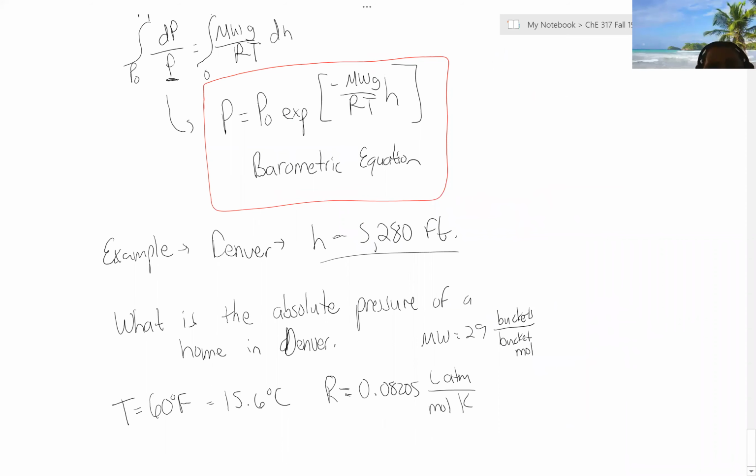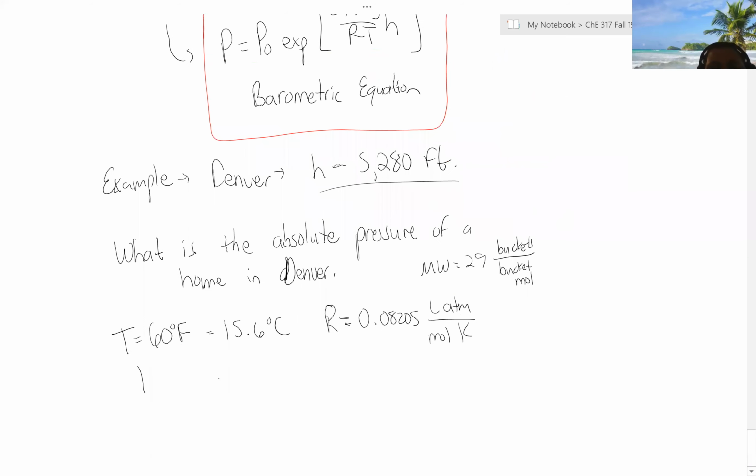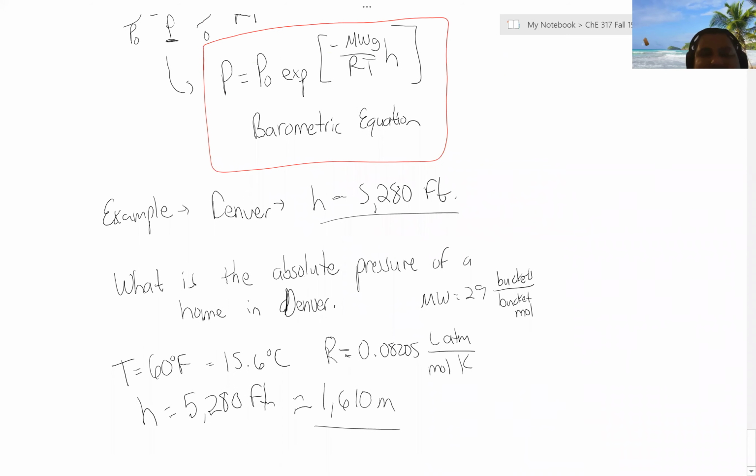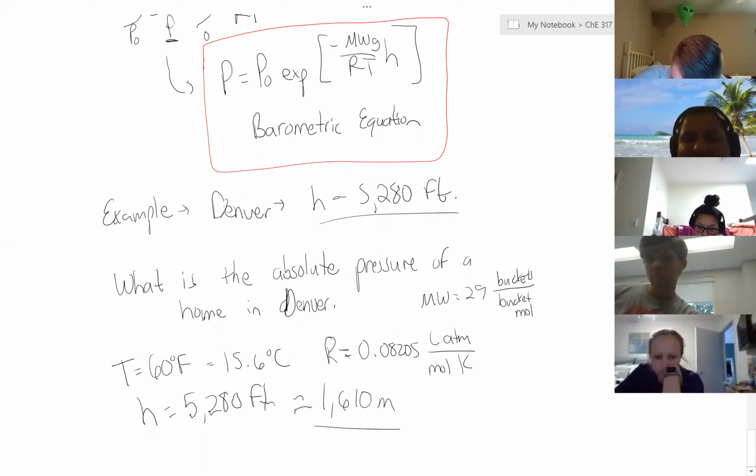And like I said, the height was 5,280 feet, which in meters, because I don't want to be too mean to you all, is about 1,610 meters. So I'm going to give you guys about 2 minutes to work on it, see what you can come up with.